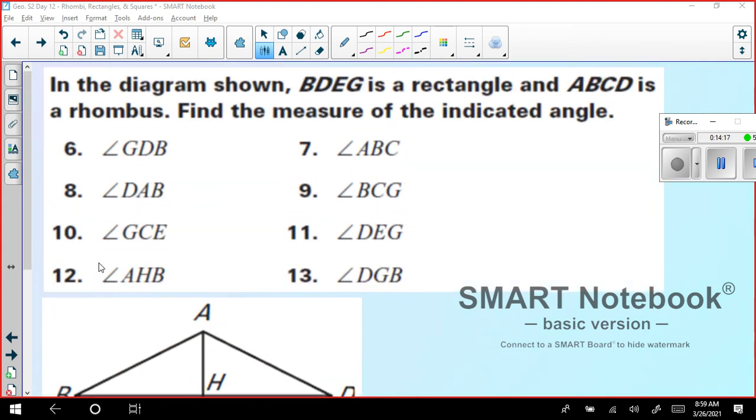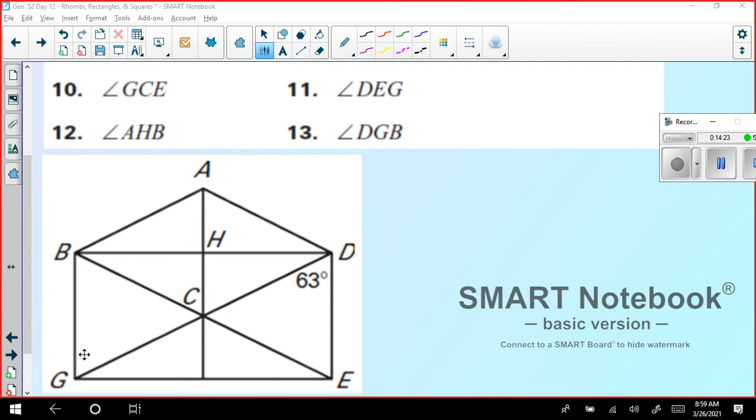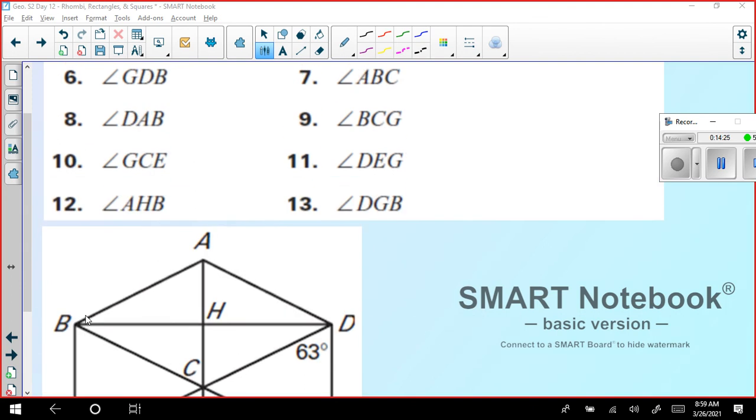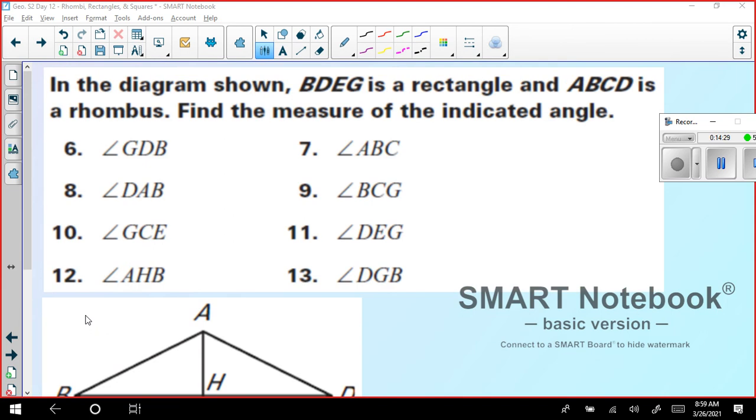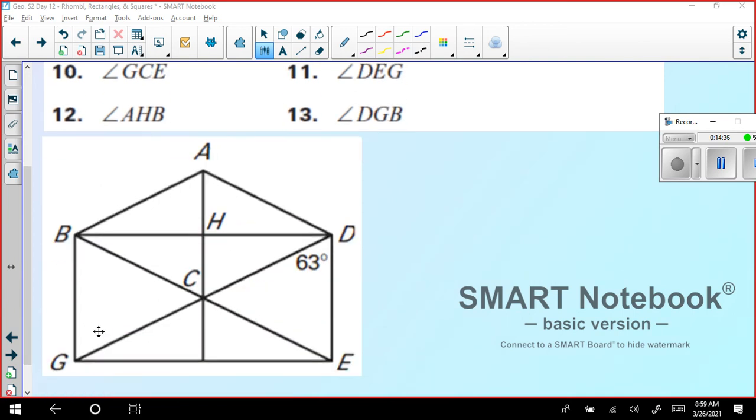First of all, they have said BDEG is a rectangle, and ABCD is the rhombus. Based on the property of the rectangle, let's only take care of the rectangle BDEG first.